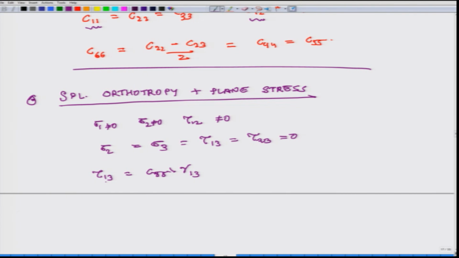And if tau 1 3 is 0, then whatever the value of C 5 5 be, gamma 1 3 is going to be 0. So, it tells us that gamma 1 3 is equal to 0. So, C 5 5 we do not care whether we can find it out or not, okay, does not matter, we do not need it, because gamma 1 3 is 0 and tau 1 3 is 0. Similarly, gamma 2 3 is also 0, because tau 2 3 is 0.